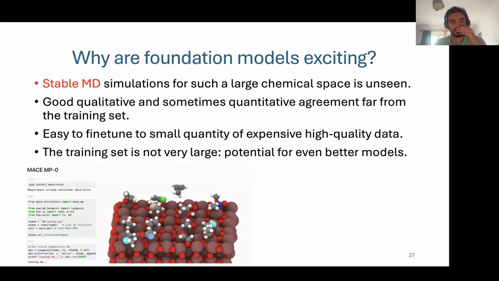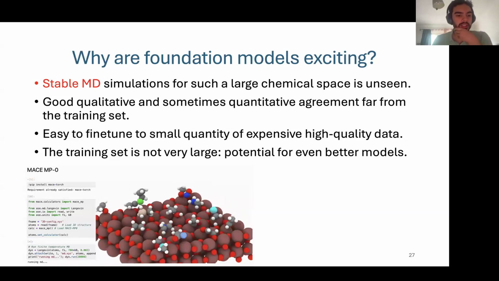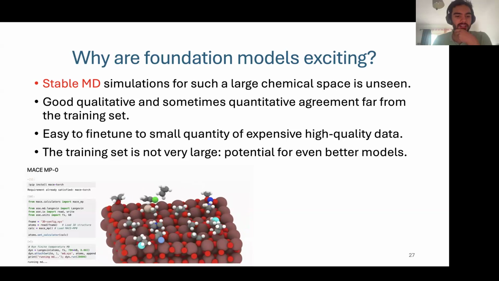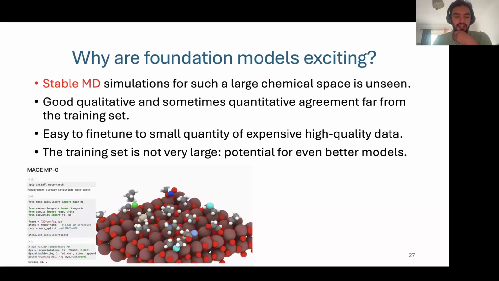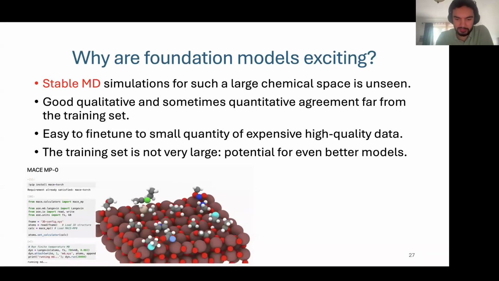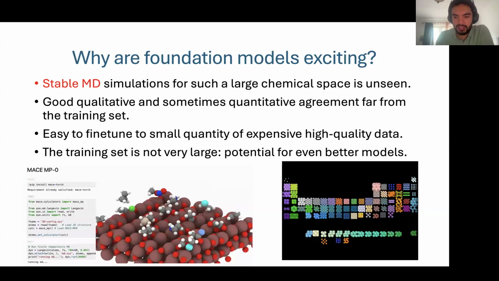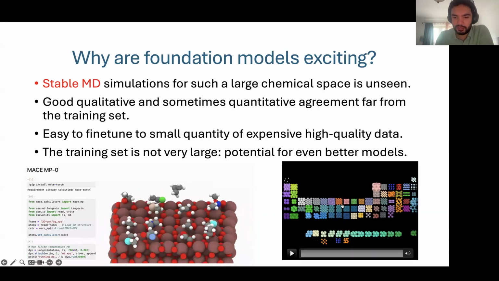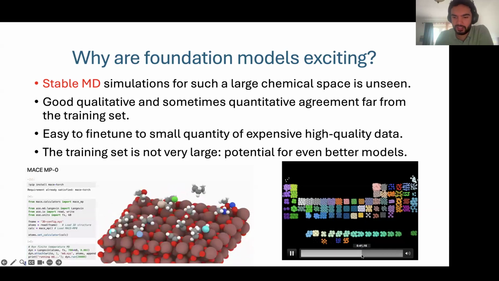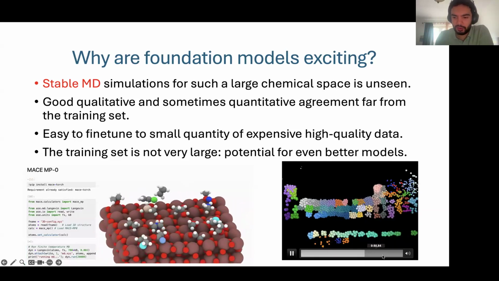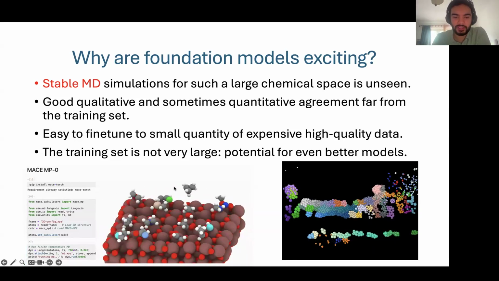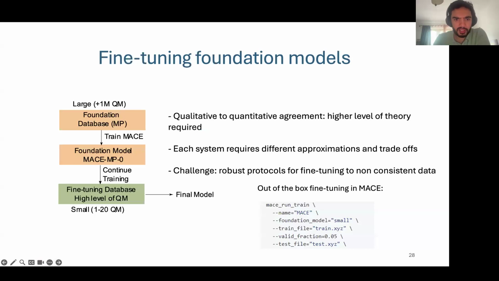So right now you can just go into your notebook and install MACE, and then you can run MD basically for any system you want. And here, this is a surface with a lot of molecules on top, and it gives you pretty animations. You can even simulate the whole periodic table if you want, which is this fun animation here. And if you go for a long time, you actually see quite fun physics happening in these movies.